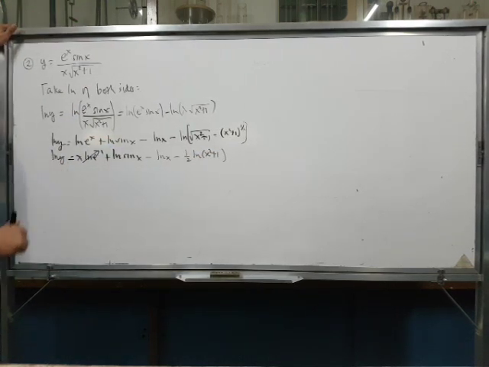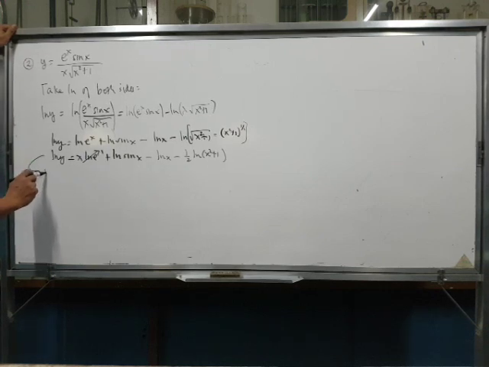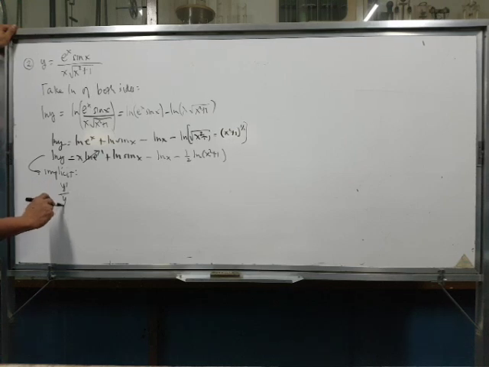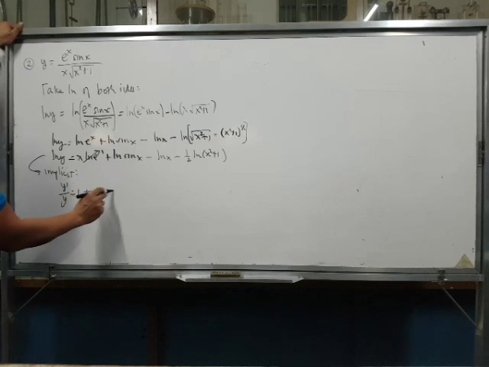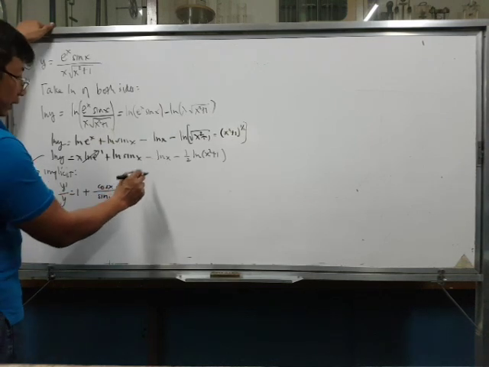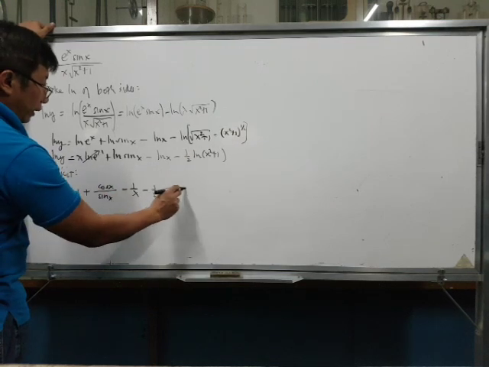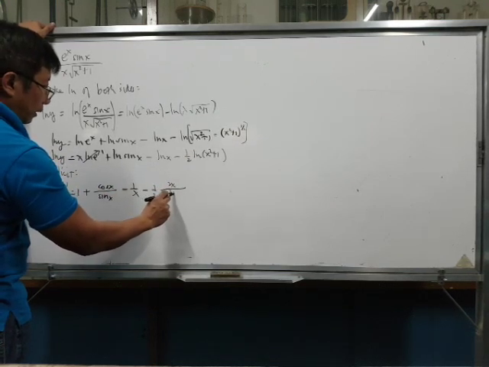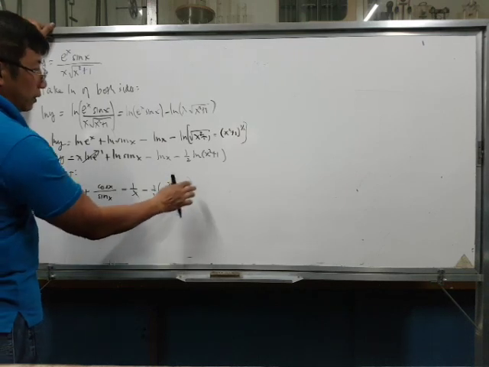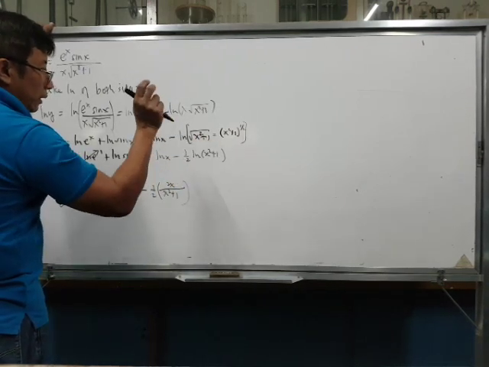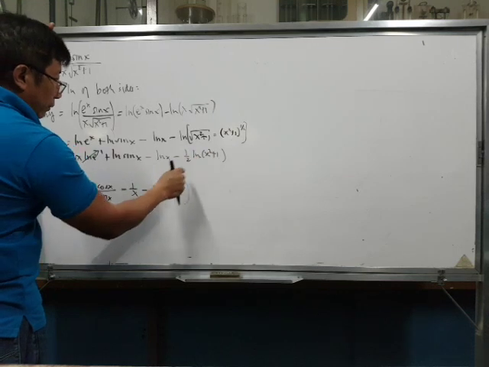So that is ln 1. And then we can use implicit differentiation to come up with y prime over y equals the derivative of x, which is 1, plus the derivative of sine x, which is 1 over sine x times cosine x, minus the derivative of ln x, which is 1 over x, minus the derivative of ln of x squared plus 1, which is 2x over x squared plus 1, because the derivative of ln u is the derivative of u over u, so the derivative of x squared is 2x.